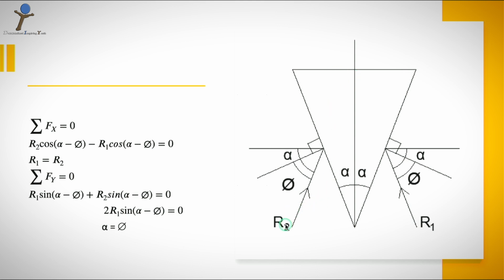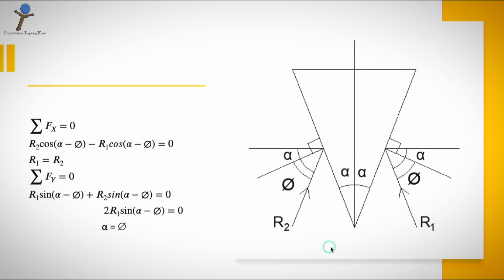Now, in this case, your R2 is making an angle of alpha with the horizontal and R1 is making an angle of alpha with the horizontal.